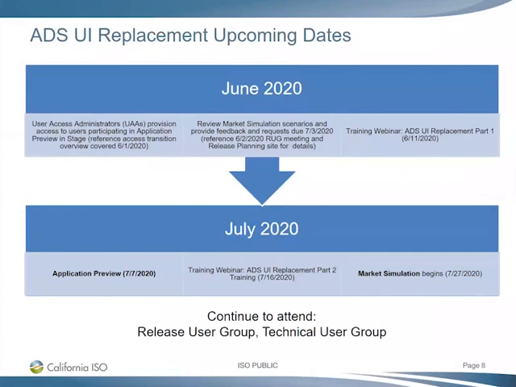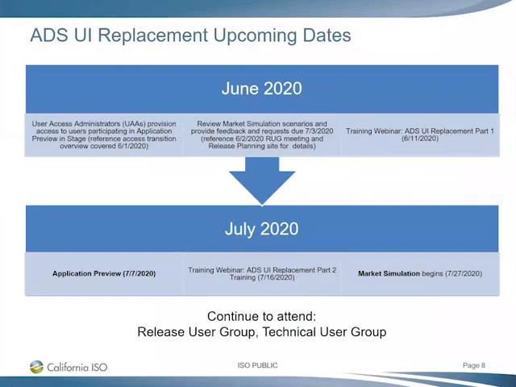So what it means when we're transitioning into the new ADS UI, what it means for your user access administrators, and what that's going to look like. So that was covered on June 1st, and they should be working on transitioning that access if it's needed, and we'll talk a little bit more about that in a second.